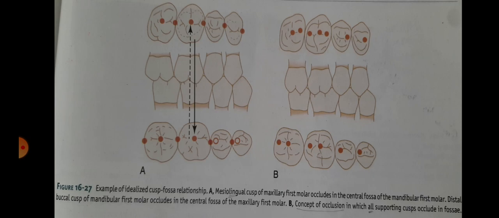Picture B shows the concept of occlusion in which all supporting cusps occlude in fossae.